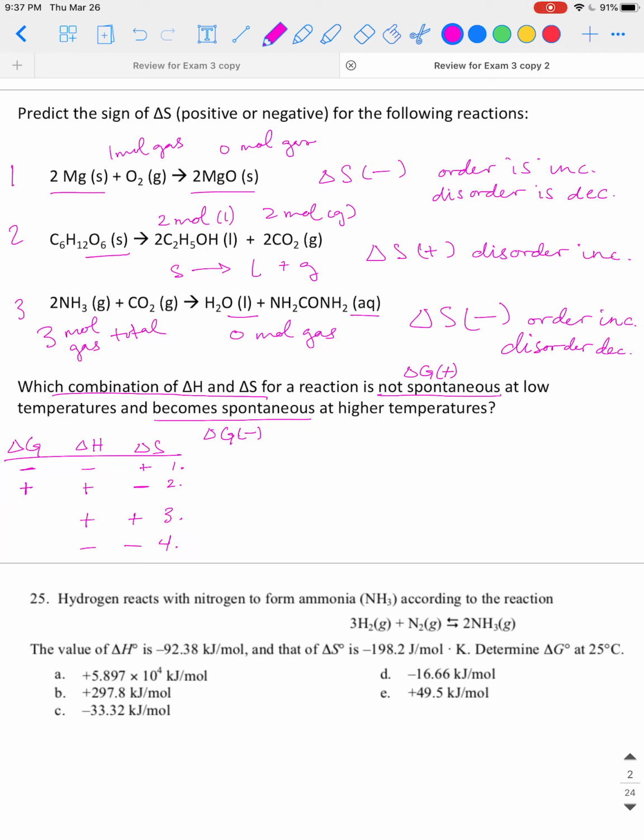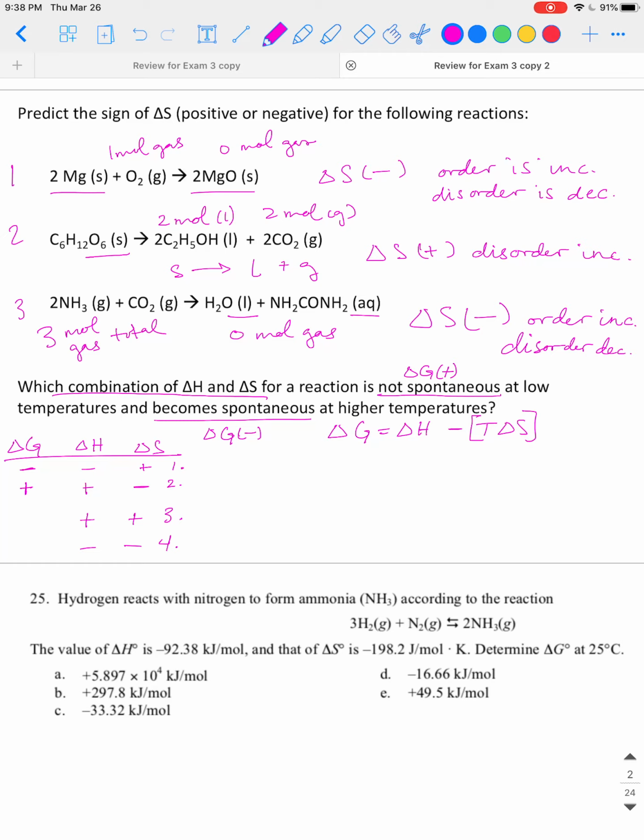So let's consider row 3. And remember, I'm going to write out the equation for delta G. Delta G equals delta H minus T delta S. And you'll remember, I like to put brackets around T delta S. Before we begin, remember that delta H values are usually a lot bigger than delta S values.